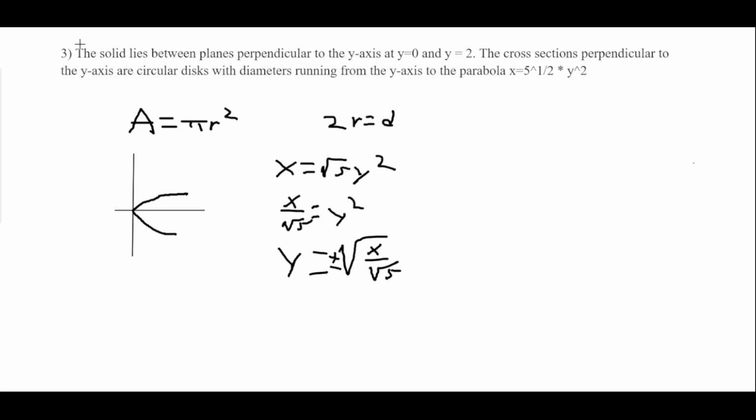It's saying that its diameter is running from the y-axis to the parabola. So this is the y-axis, right? This is running to here, the circles, and this is the x-axis. From the y-axis to the parabola, we're going to keep going from 0 to y equals 2. So we're going from here to here, basically.